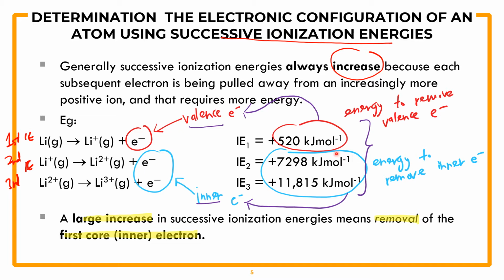Kita tengok perbezaan di antara all IE values. Ini first IE, second IE, third IE. Okay, kalau first IE dengan second IE gap dia sangat besar, there's a huge gap between these two. So ini menunjukkan bahawa this is the electron, the first electron of inner shell. Okay, so maksudnya bila yang ni dah inner shell, kita hanya ada satu sahaja elektron di sebelah luar.